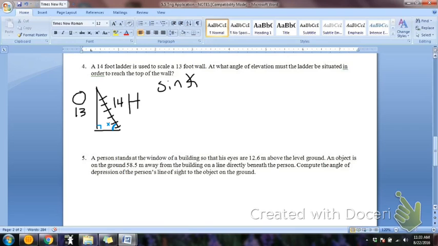As Dakota's working it, I want you to work it as well. Sine of the angle equals what? 13 opposite over hypotenuse. Yep, good.